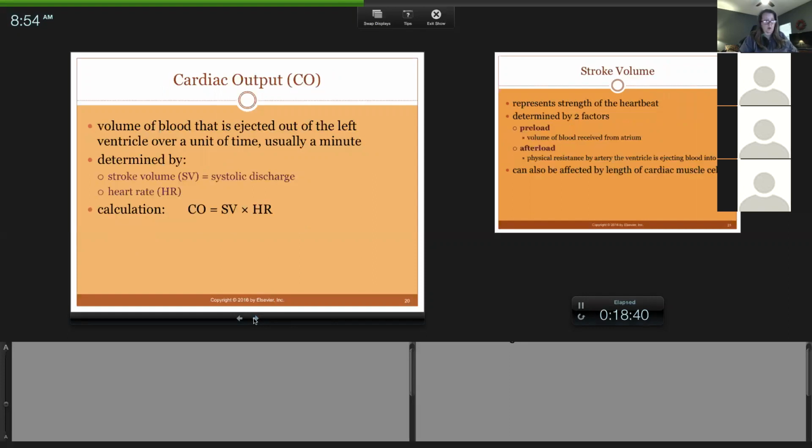Okay. One thing to understand, and a very important concept, is something called cardiac output. That literally means how much blood is being output through the heart. When the heart squeezes, how much blood is leaving?